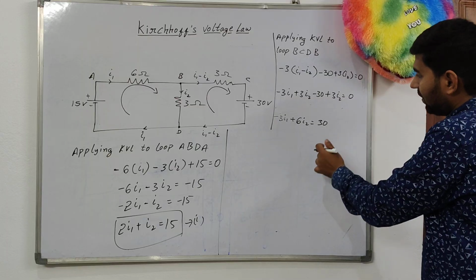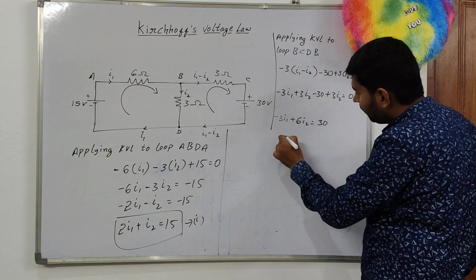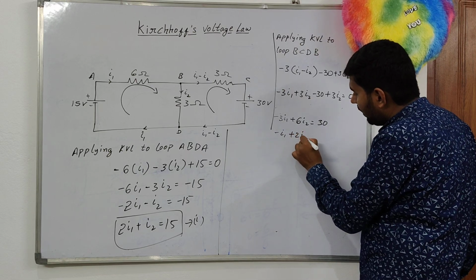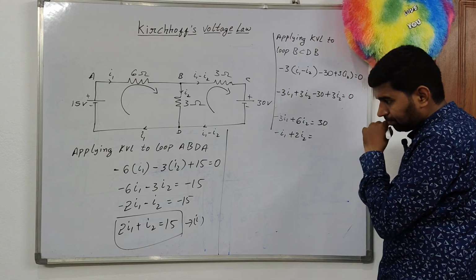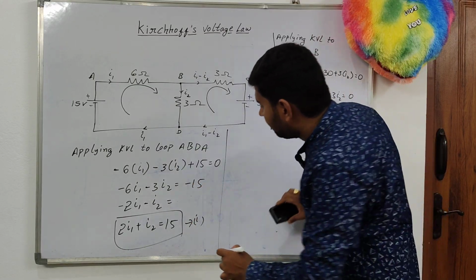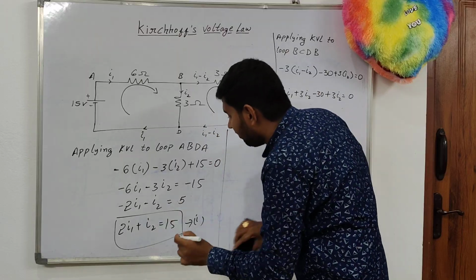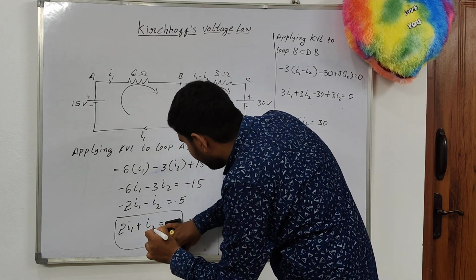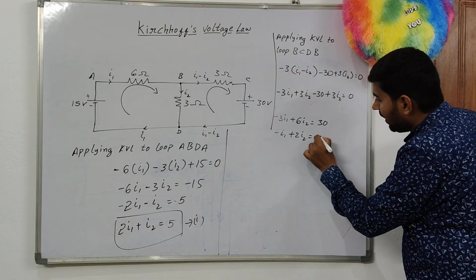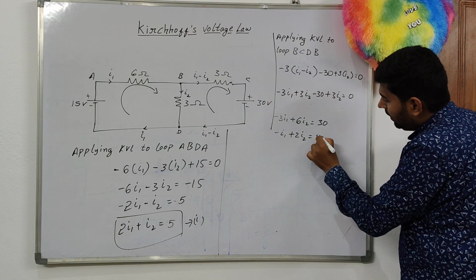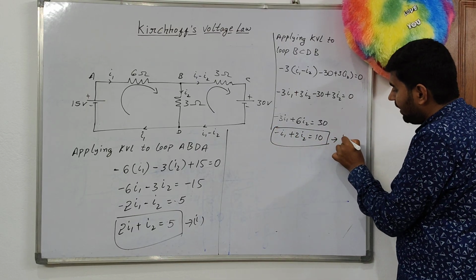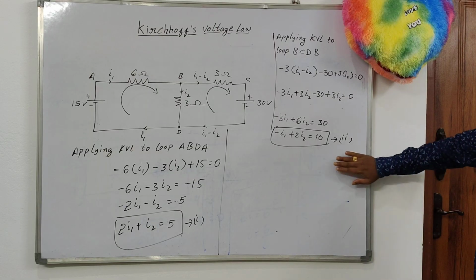This is also a multiple of 3, so you can rewrite it as minus I1 plus 2I2 is equal to 10. Here I got two equations, equation 1 and equation 2.